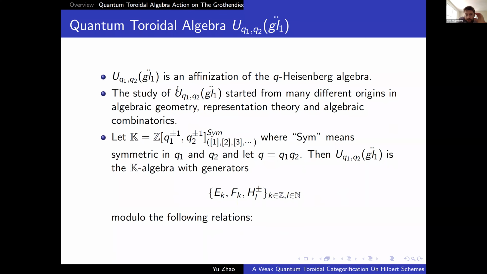Sorry, can I ask before you move on? Of course. What is the subscript here? K, you have square brackets 1, square brackets 2. Which one, E_k, F_k? No, the third bullet point, let K be.